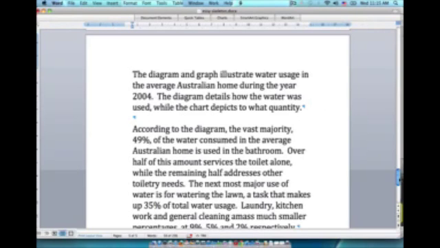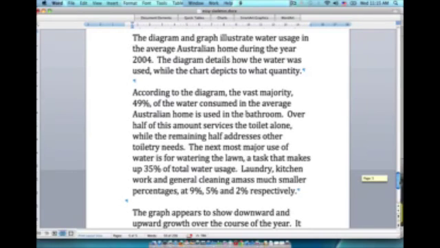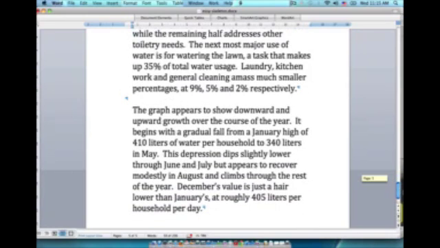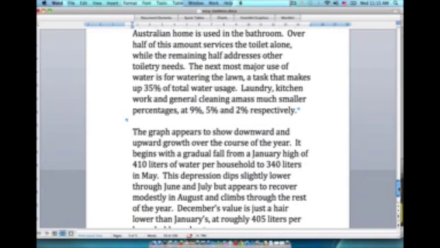Okay, I think you can see it pretty clearly there. We have the first paragraph, you skip a line, we've written the second paragraph, skip another line, and we've written the third paragraph, and that would be our response to this Task 1 question.